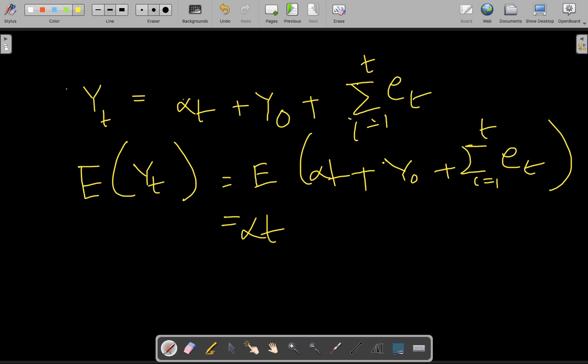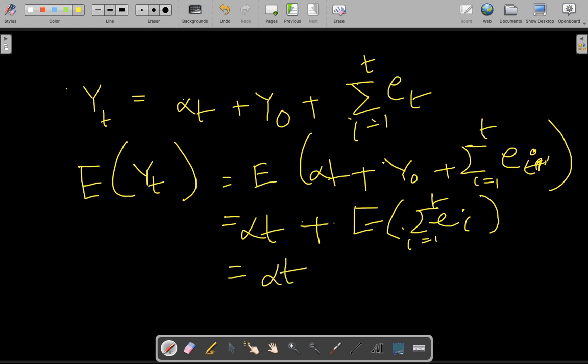For y0, we can consider the value at t equal to 0 to be 0. That's an assumption, but you can safely do that for model building purposes. The expectation of the summation of epsilon i is 0. So the expectation is alpha t.